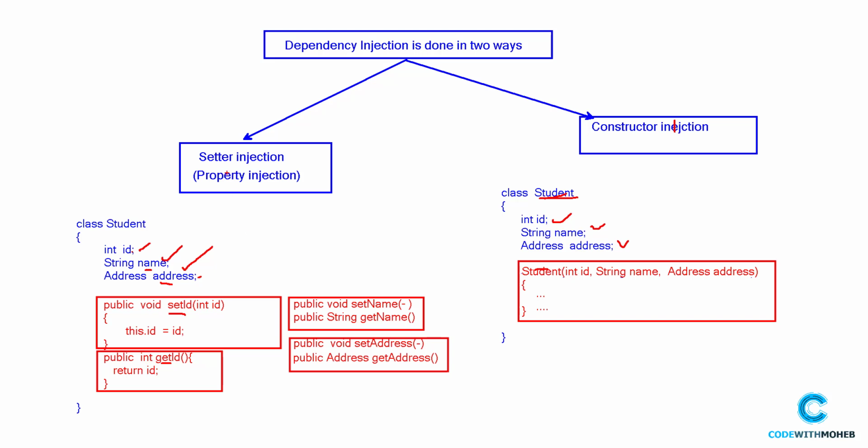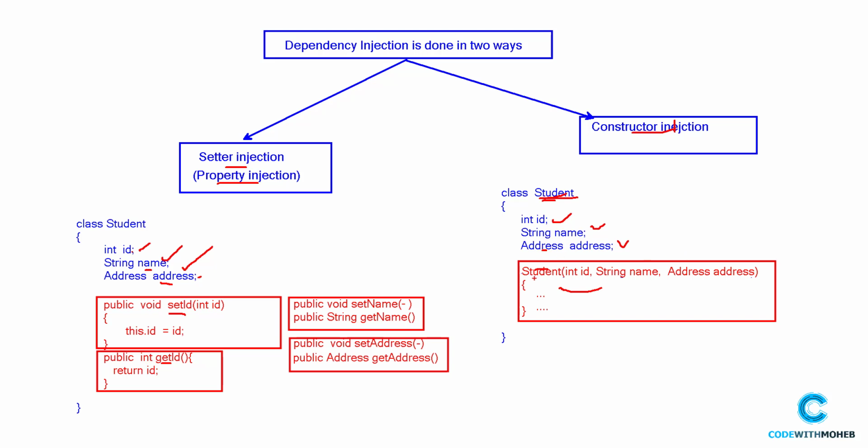So in setter injection, or property injection, the IOC container will use the setter methods in order to inject the values, and in constructor injection the IOC container will use the constructor in order to inject the values. The same constructor that we have here with the name student, we can also have in the address class.